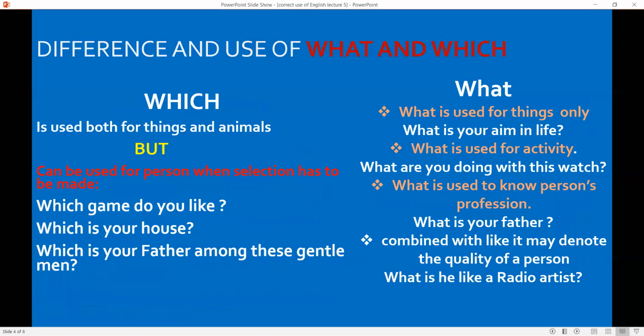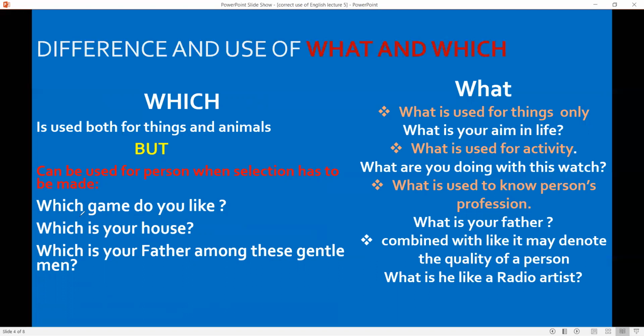Now, difference and use of what and which. Which is used both for things and animals. But as we have seen in the example in the previous slide, which can be used for persons also, but that is rare. Mostly it is used for things and animals.